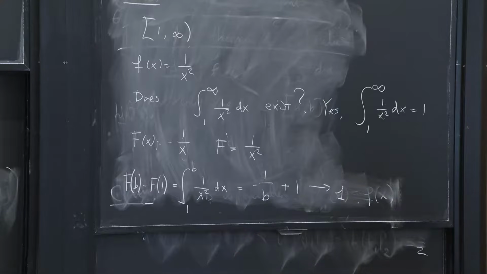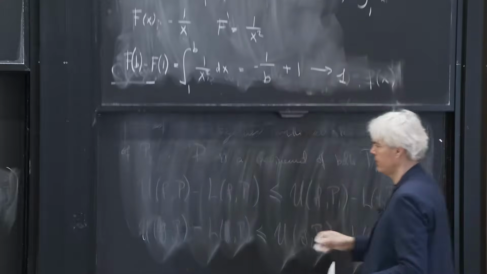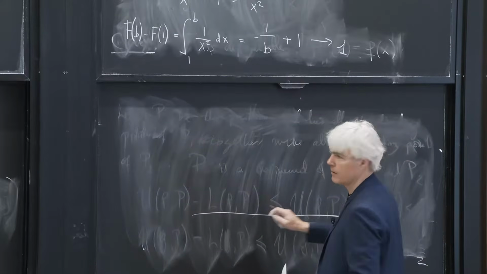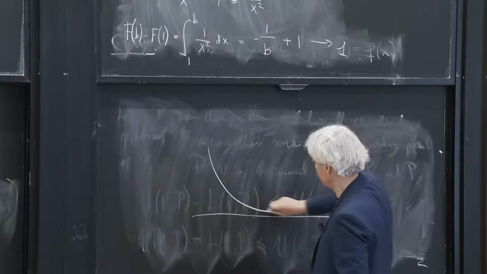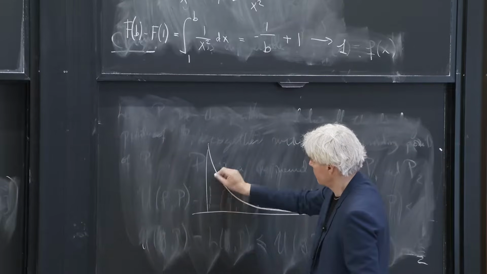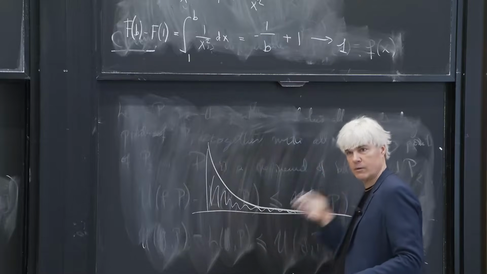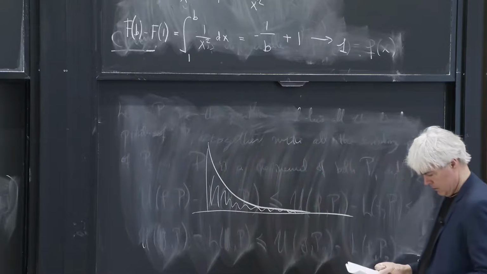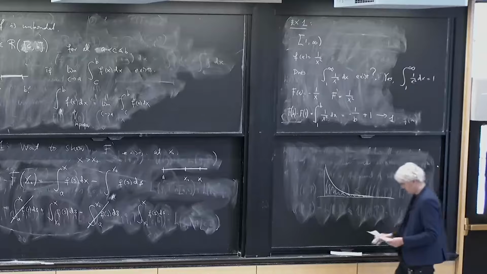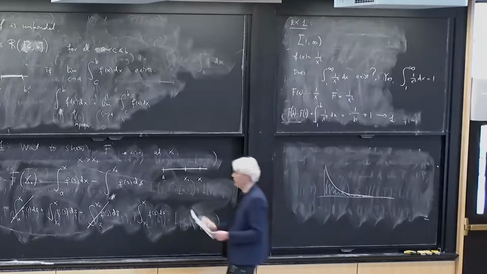If you think about it, it's a little bit like what we did for series, where you're summing infinitely many numbers. Here you're looking at the area, but the area is actually finite, even though it continues on forever.